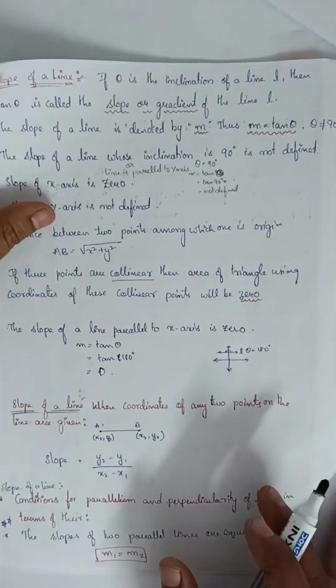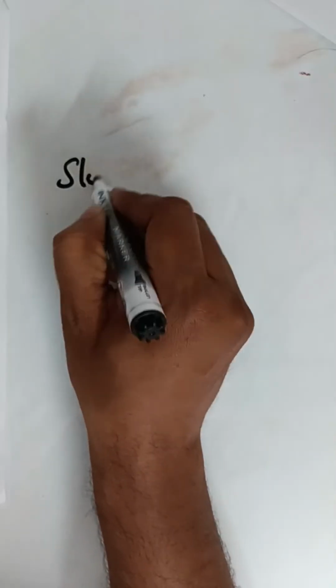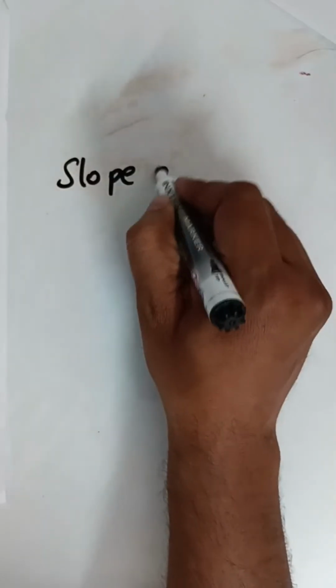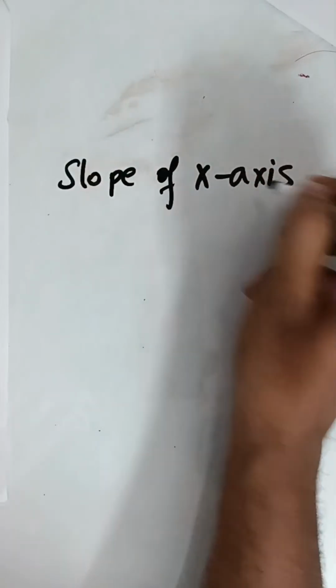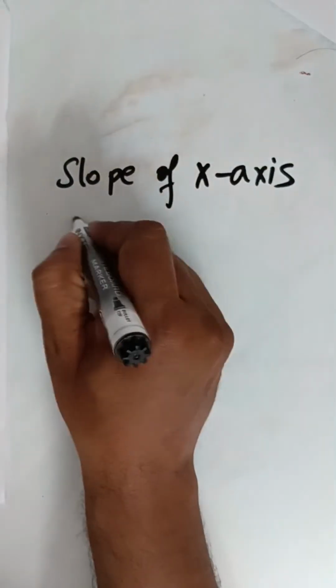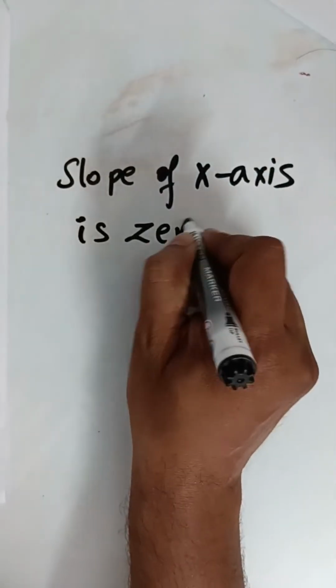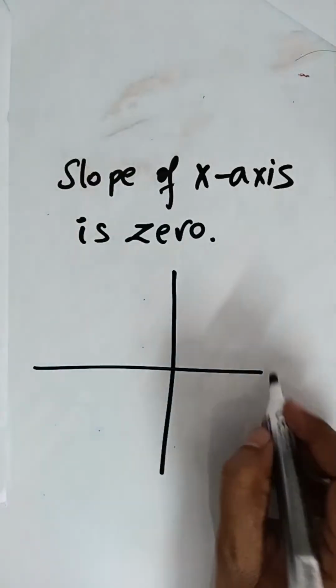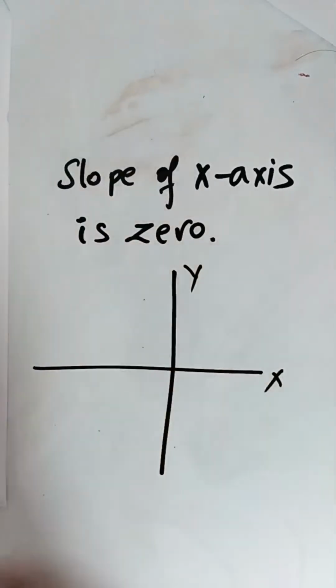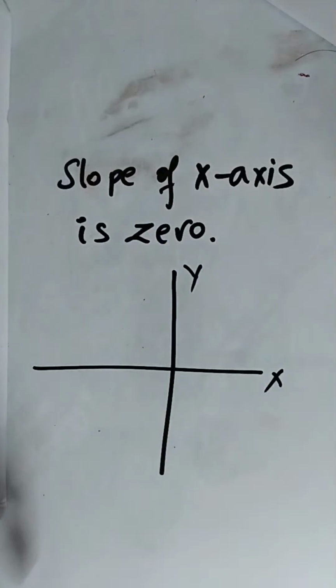Let me explain clearly why the slope of the x-axis is 0. Now this is the y-axis, this is the x-axis.